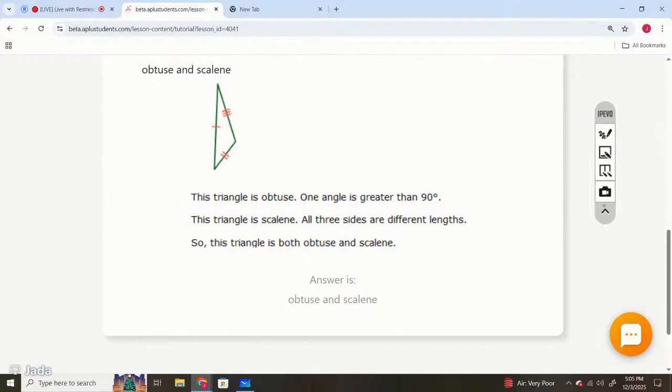That triangle is both obtuse and scalene because one of the angles is greater than 90 degrees, and the triangle is scalene because all three sides are different lengths. So obtuse and scalene.